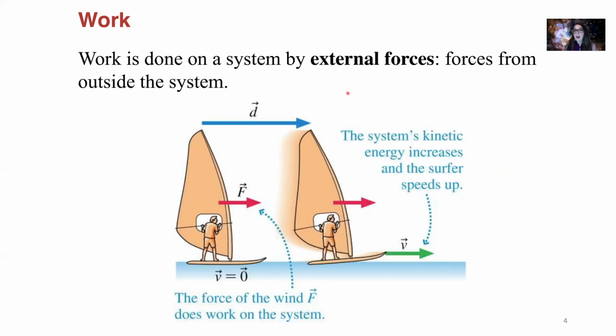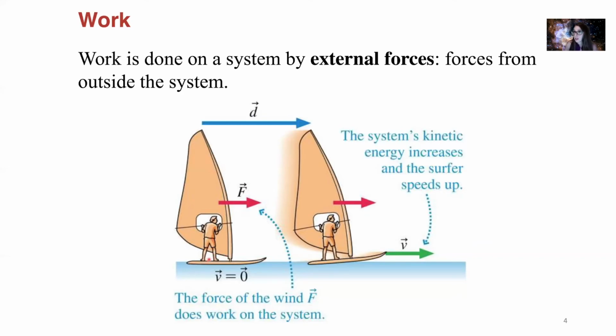Work is done on a system by external forces, forces that come from outside of the system. So in this example here, we've got someone who is a windsurfer. The system is the person on their windsurf board, and then they're on the water. There's a force being applied to the sail here from the wind. That's our external force.